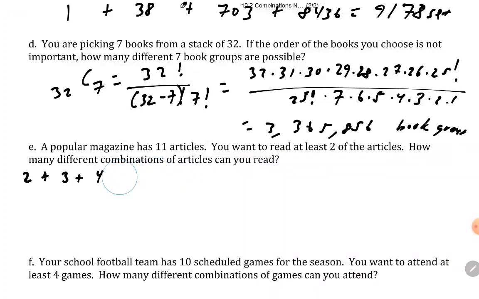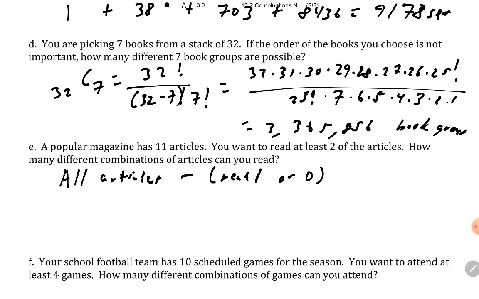Or we could say we can do the combinations of all articles minus reading 1 or 0, because that'll give us everything else. Because we want to know the combinations for at least 2 articles, so we can just take all the possible combinations of articles, and just subtract reading 1 or 0.